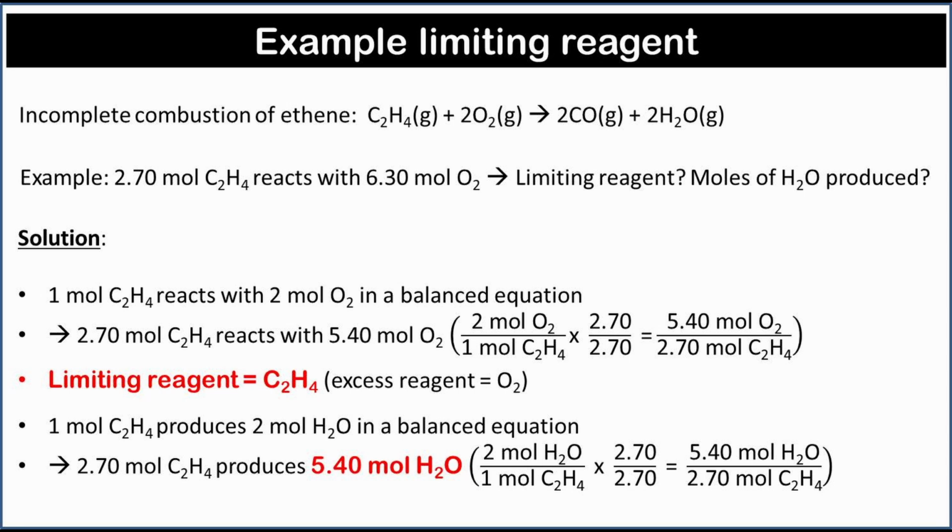Since the mole ratio is a constant, 2.7 moles of ethene react with 5.4 moles of oxygen gas. As 6.3 moles oxygen is available before the reaction, ethene is the limiting reagent. From the balanced equation, we know that 1 mole ethene produces 2 moles of water. Consequently, 2.7 moles of ethene will produce 5.4 moles of water.